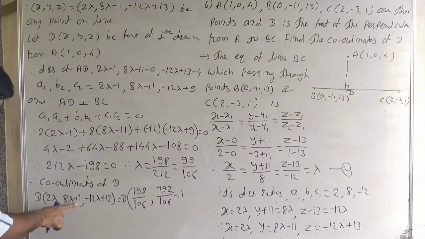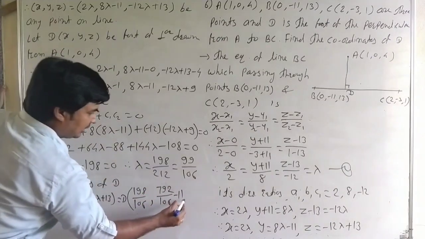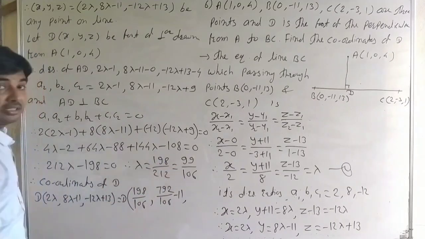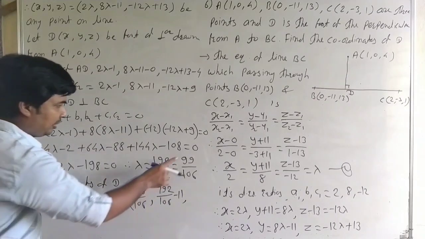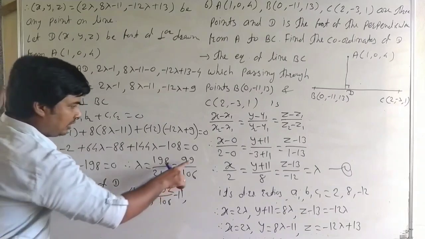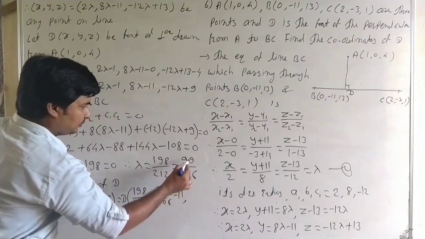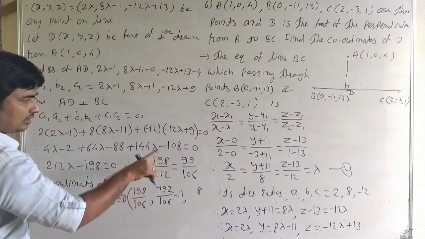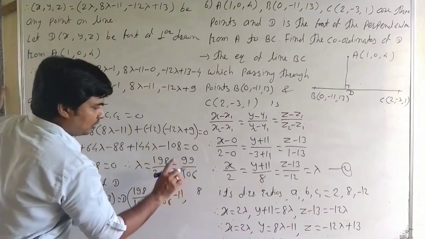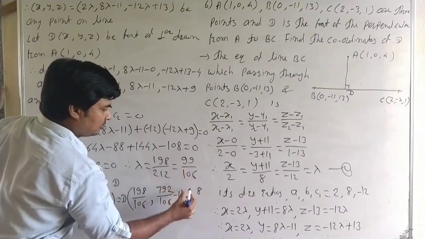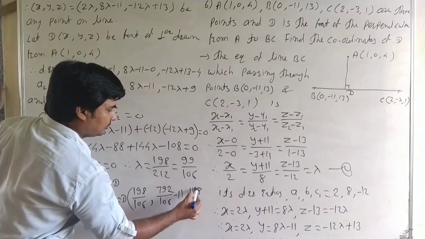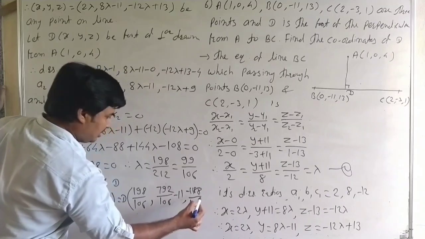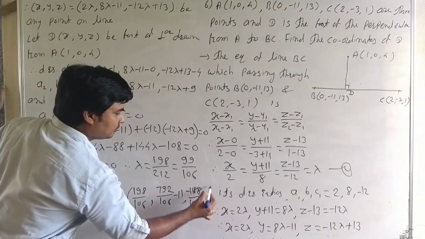And then lastly minus 12 lambda, minus 12 into 99, 12 nines are 108, carry 10, 108 plus 10 is 118, minus upon 106, and plus 13.